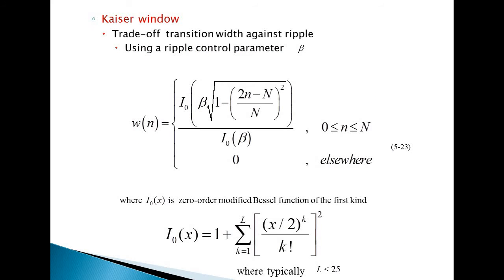Then the Kaiser window is a trade-off of transition width against ripple using the ripple control parameter beta. W of n is equal to I0. See the equation is given over there. I0 of x is the zero order modified Bessel function of the first kind.